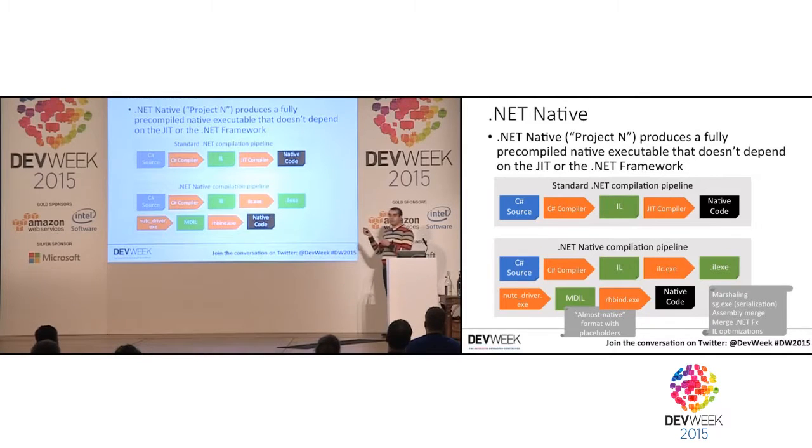And so one of the crazy things about this pipeline is that at some point over here specifically, this nutc_driver.exe phase, Microsoft uses the C++ compiler optimizer, the C++ optimizer to be specific, to perform optimizations for .NET Native applications.